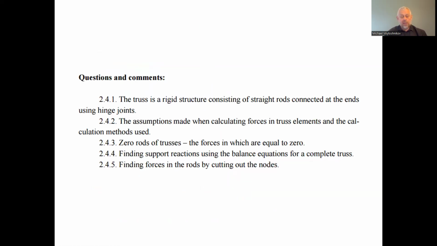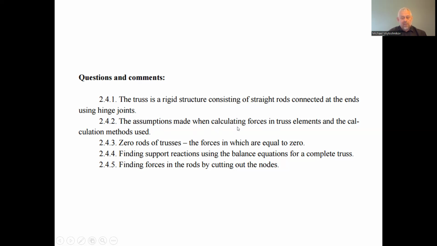Questions and comments. The truss is a rigid structure consisting of straight rods connected at the ends using hinge joints. Just a difference with the frame: a frame is a mechanical system consisting of rods rigidly connected, not with hinges, and the truss is connected by hinge joints. We assume that hinges are ideal, that hinges do not experience friction and do not have gaps.